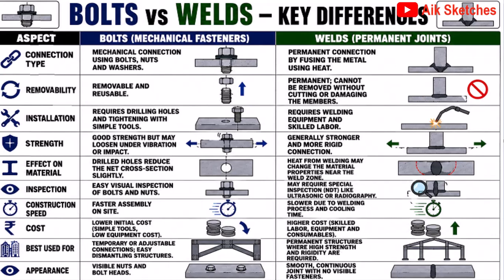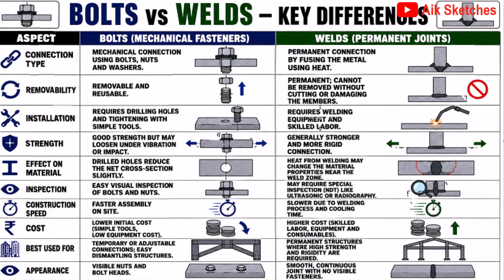The first aspect we'll be looking at is the connection type, the removability, the installation, strength, effect on material, inspection, construction speed, cost, what is best used for, and appearance.